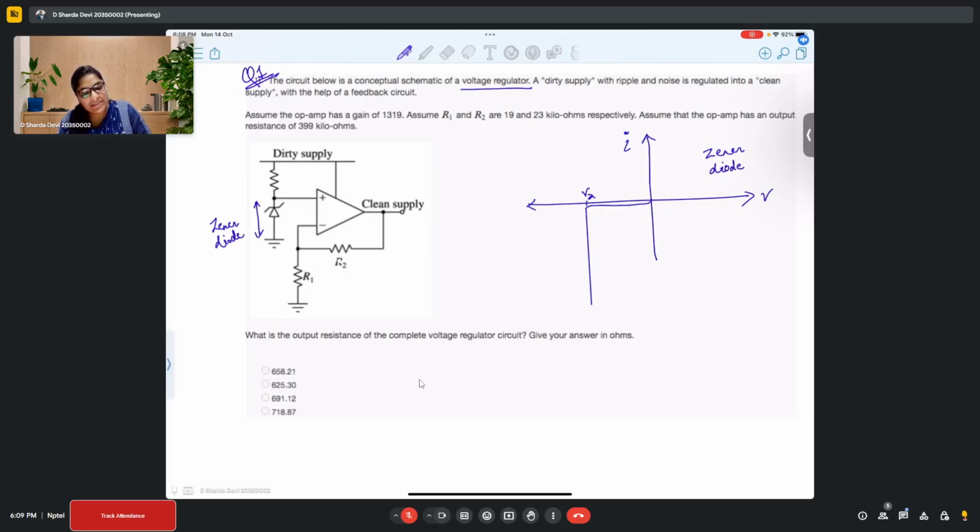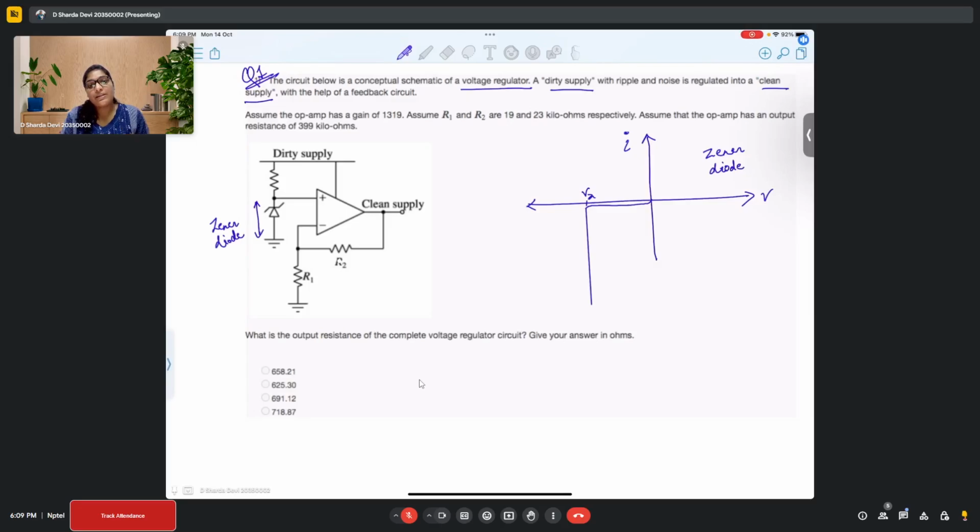So a dirty supply with ripple and noise is regulated into a clean supply. As mentioned, a dirty supply is the supply voltage with some noise factors, some irregularities. So this particular circuit is used to clean that supply, because whatever circuit you use, whether digital or analog, you would need a supply voltage.